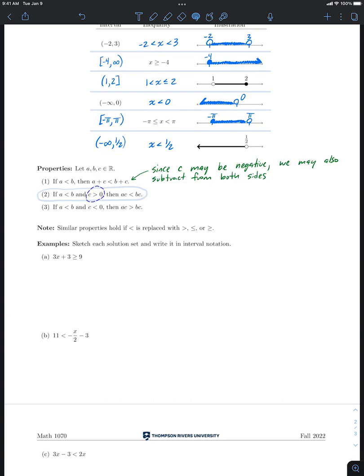Then I can multiply both sides of the inequality by C, and again, the inequality will be preserved.